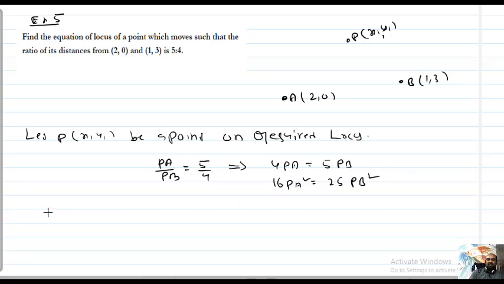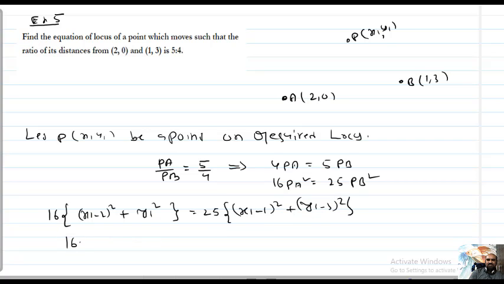Okay, directly I want to write 16 into PA square, (x1 minus 2) whole square plus y1 square, equal to 25 times PB square, (x1 minus 1) whole square plus (y1 minus 3) whole square.